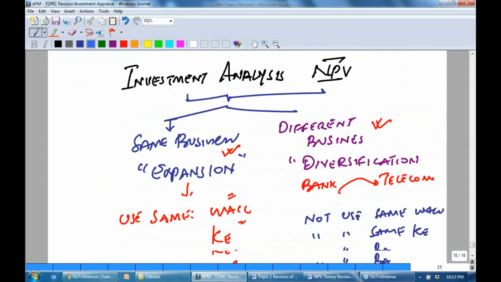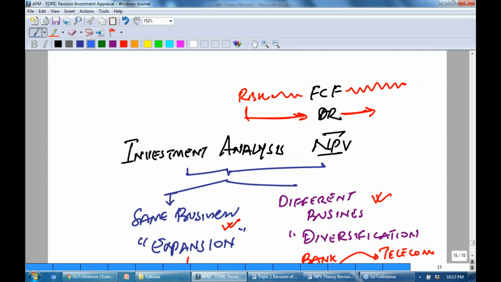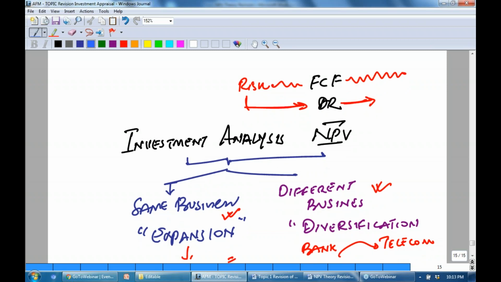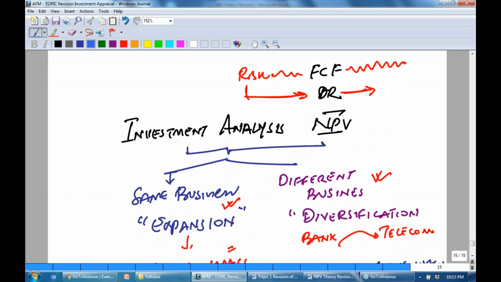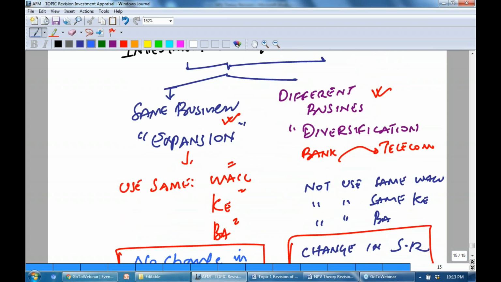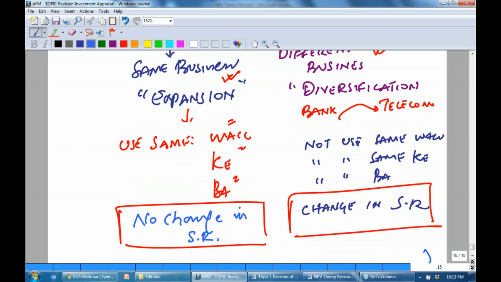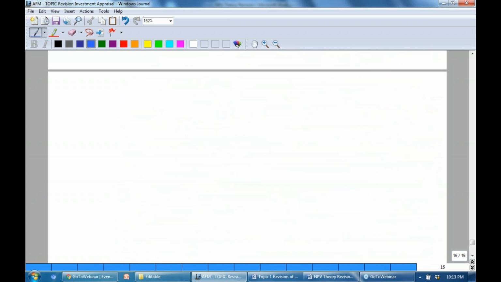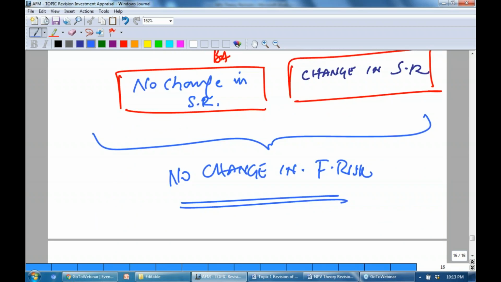What does that mean? Simply means, for example, you are a bank and you wanted to invest more in the banking sector, expansion with the 20 branches. So you will arrange the finance in a manner that your financial risk will not change. For example, previously the ratio debt over equity was 50-50.